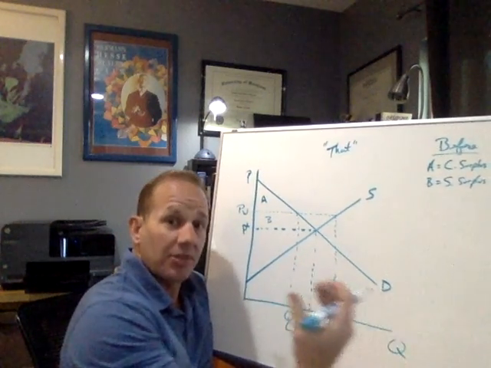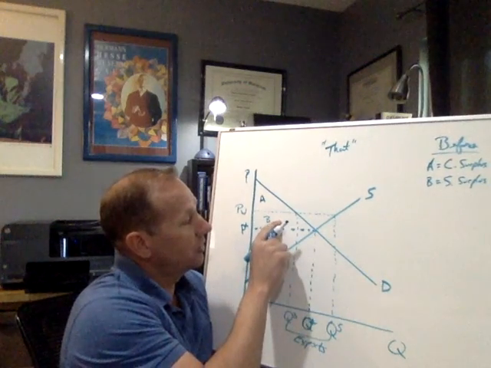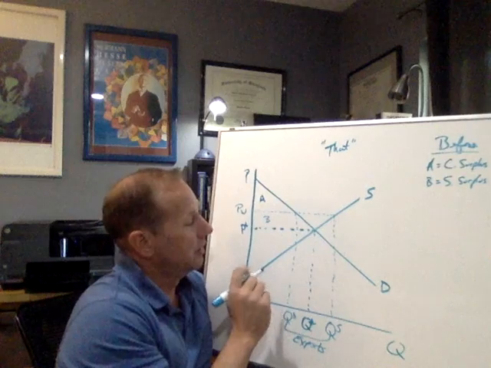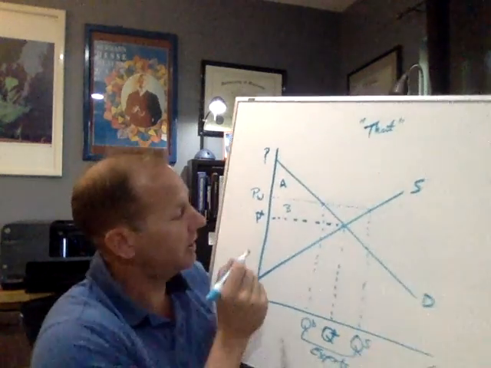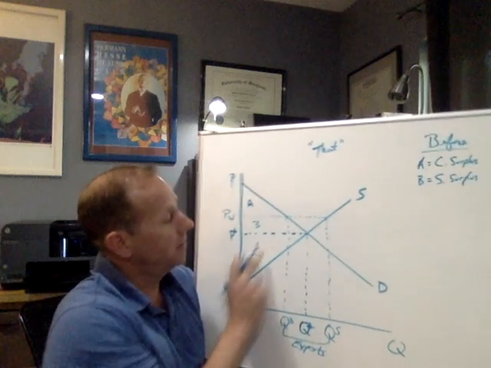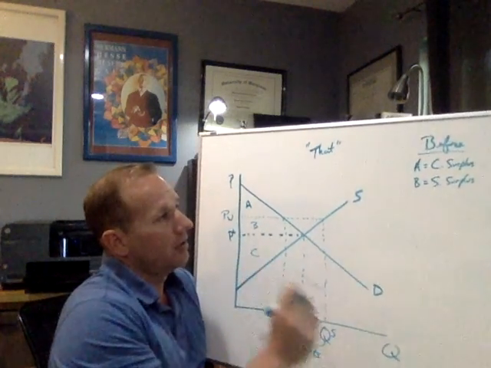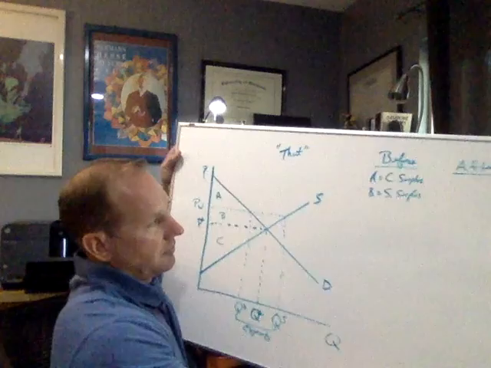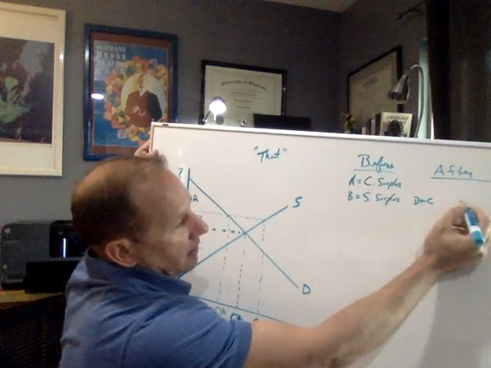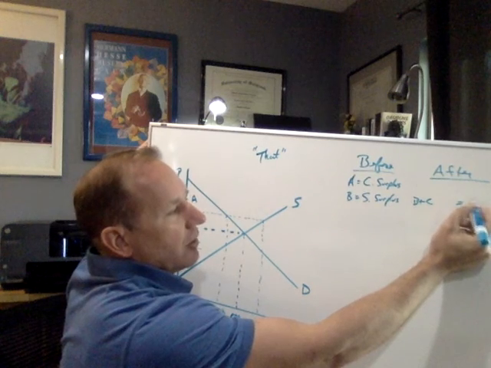It's given to the sellers but taken from the consumers, because it was consumer surplus. Now sellers are enjoying that. So C is what the sellers always had, but now they have B and C. So afterwards, B plus C is seller surplus.